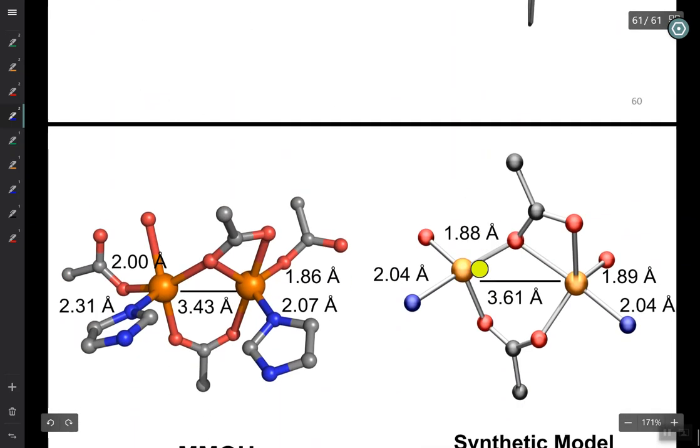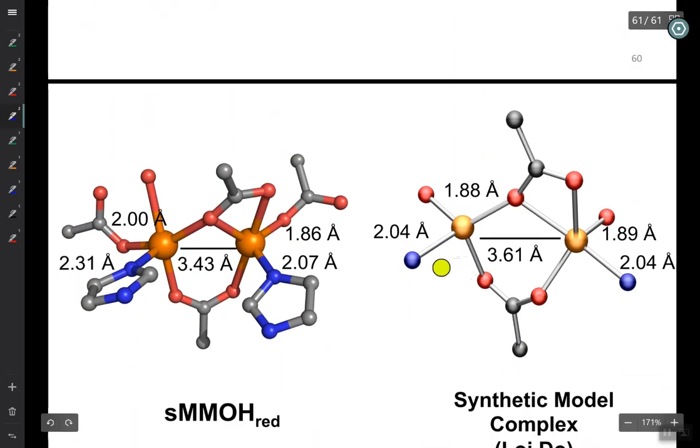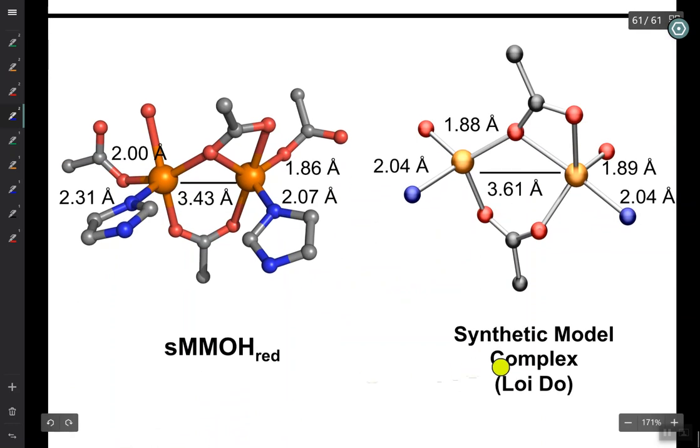So what's really exciting about that result was that I compared the X-ray structure of the protein, the SMMOH reduced form, versus the synthetic complex that I had made. This was actually the first structural mimic of this enzyme. So you can see that the nitrogens are both bound in a cis arrangement, and then you've got these bridging motifs that also mimic the natural environment.